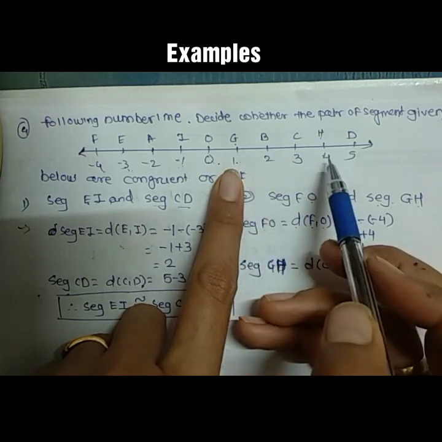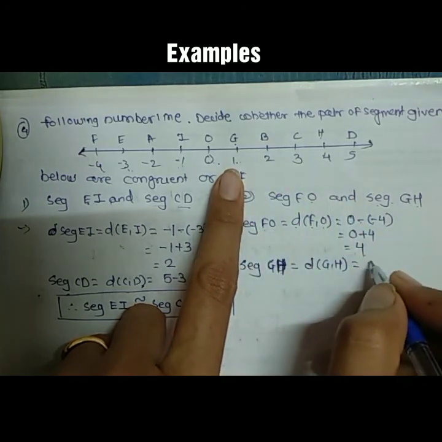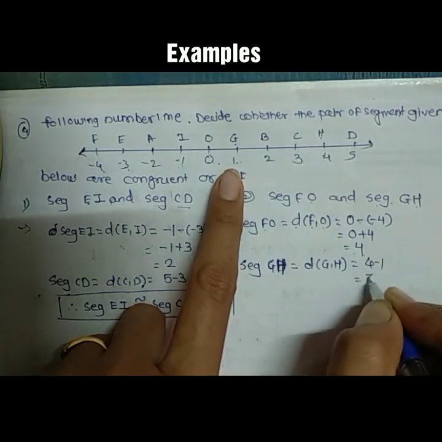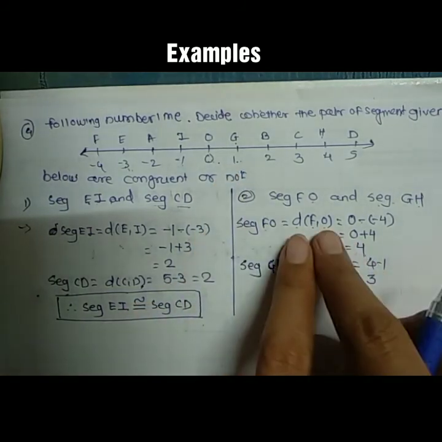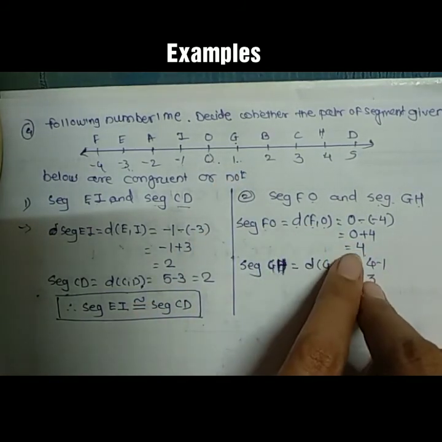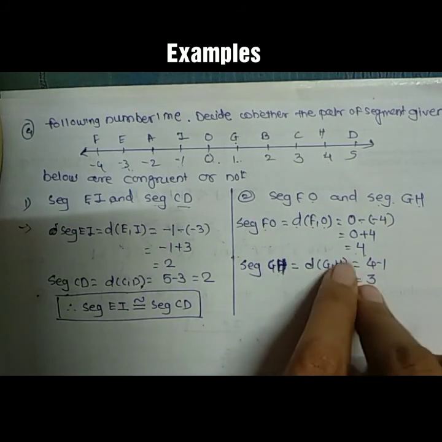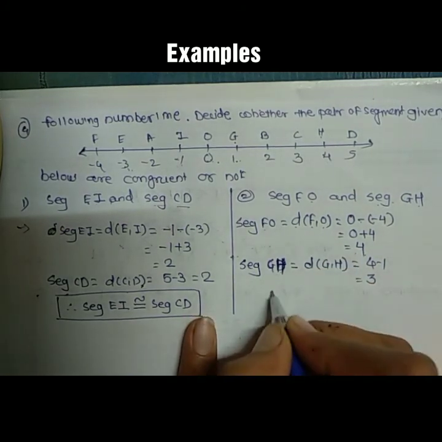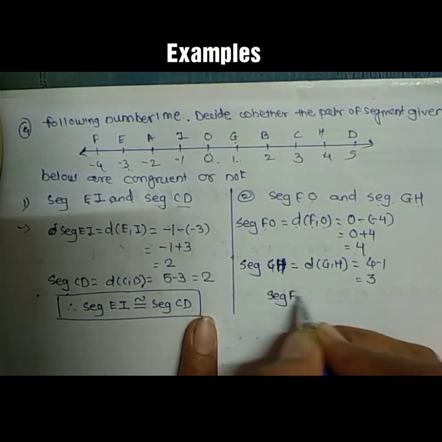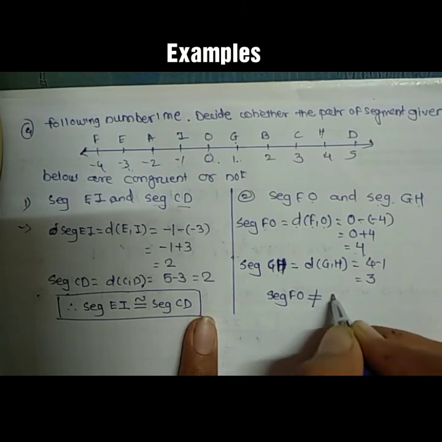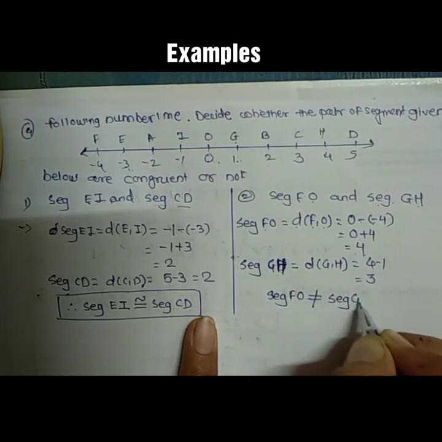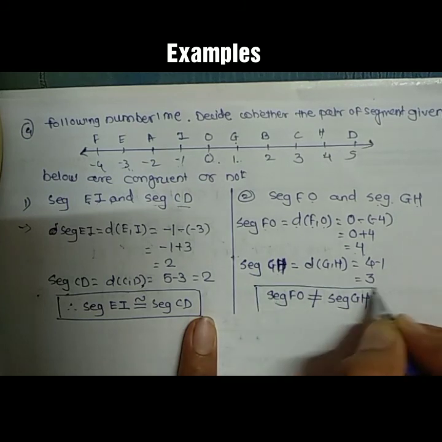So 1 is less than 4, so here 4 minus 1, that is 3. So the distances of the two segments FO and GH are not the same. So here segment FO is not congruent to segment GH.